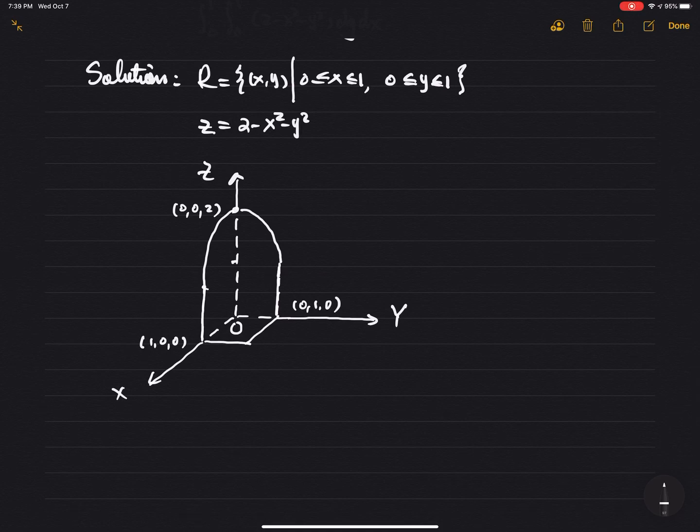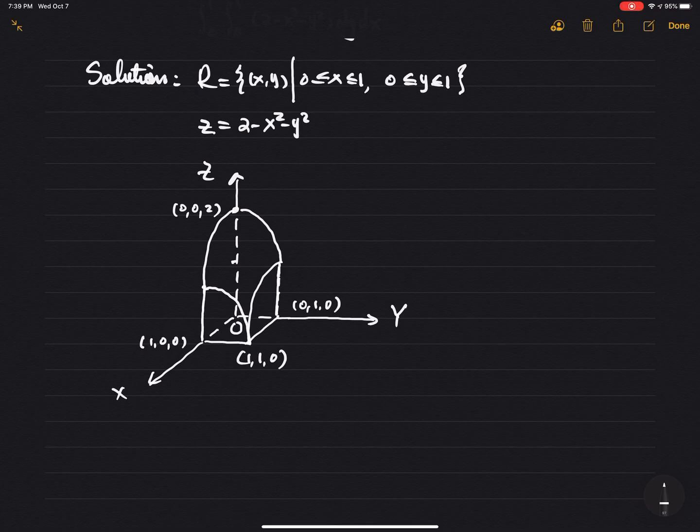That's a parabola, like this. And also, when you let x equal to 1, then you're going to have z equal to 1 minus y. It's like this. So this point, of course, is 1, 1, 0.